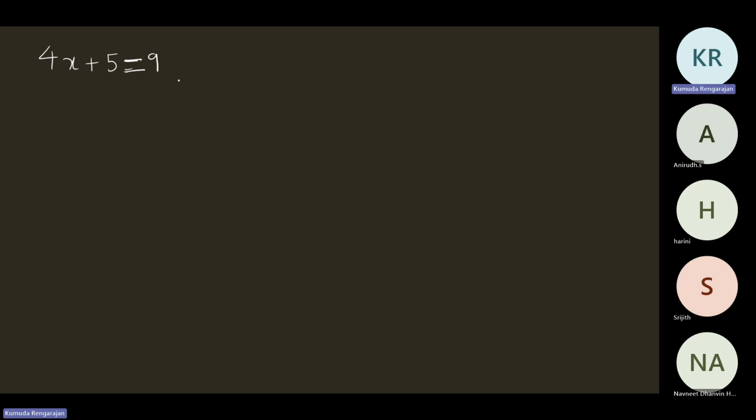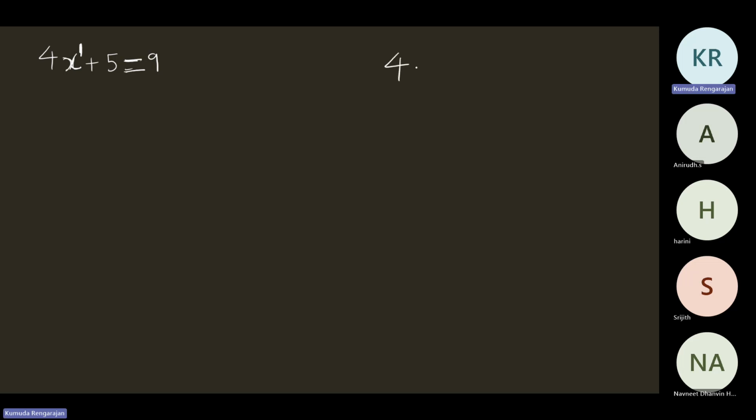And it's an algebraic equation because it's made up of variables and constants. You can call this a linear equation, because the power of the variable involved is 1.